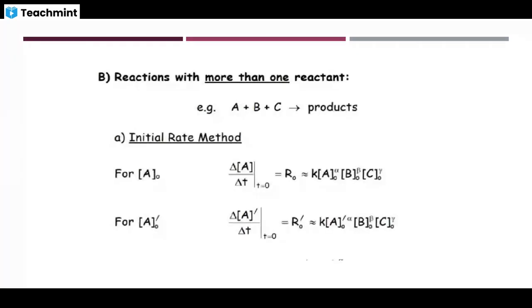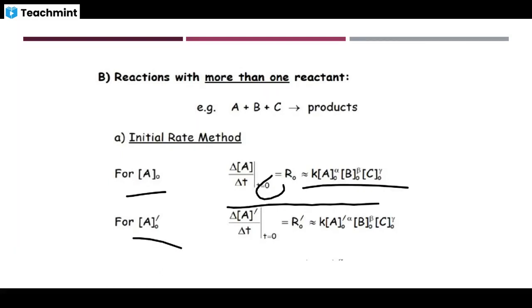Reaction with more than one reactant: A plus B plus C gives product. Initial rate method. Take the concentration of A and determine the rate at a time t0. Then the rate is equal to k into A0 to the power alpha, B0 to the power beta, C0 to the power gamma. For different concentrations of A, determine the initial rate.